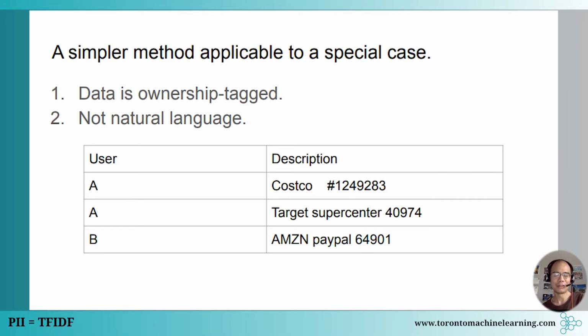So it might require a lot of modification, tuning, and so on to adapt your natural language method into this context. But the method I will talk about is much simpler. It even applies to data that is not natural language, so it's going to work directly. So that is the situation where this method, although simpler, is not weaker. It's not strictly weaker. It may have some edge against the more involved natural language methods.